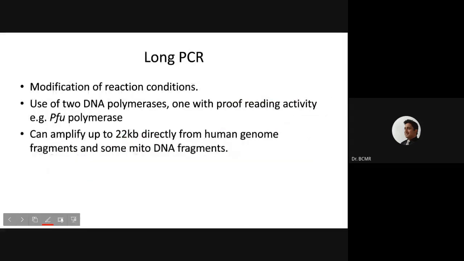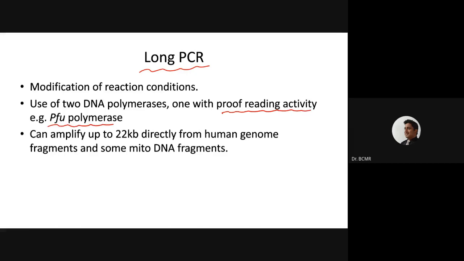There are other options, as in you can use long range PCRs. That is, you use two different types of polymerases: one that has high processivity or speed, such as Taq DNA polymerase, and another DNA polymerase which has high fidelity, such as Pfu polymerase.